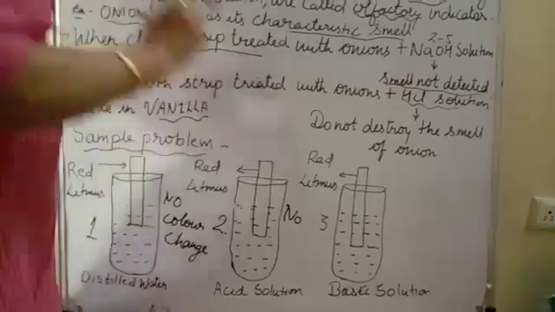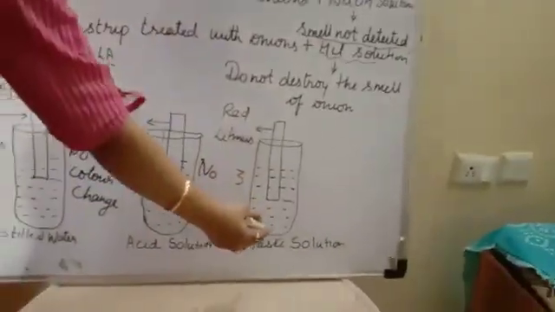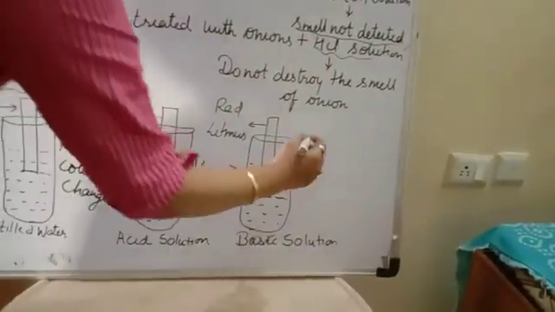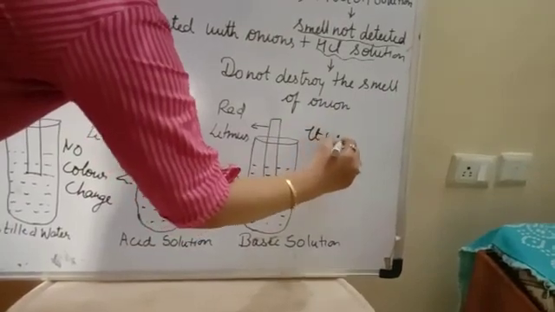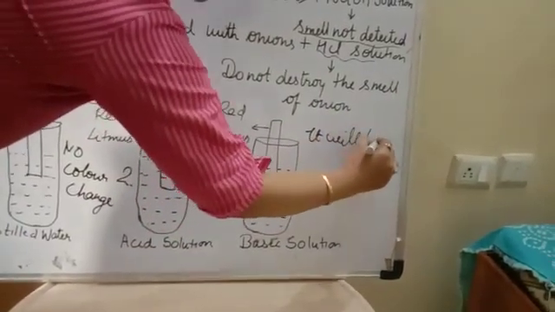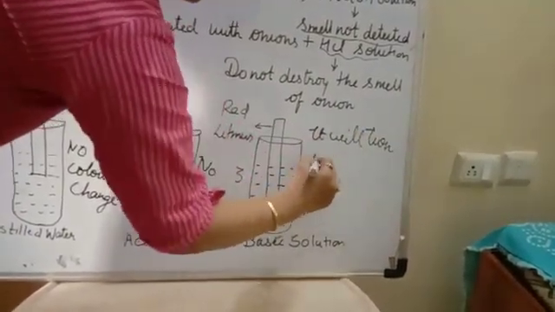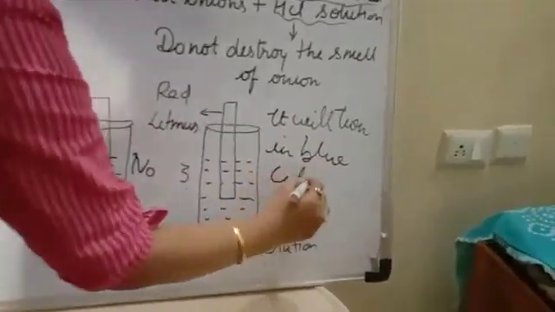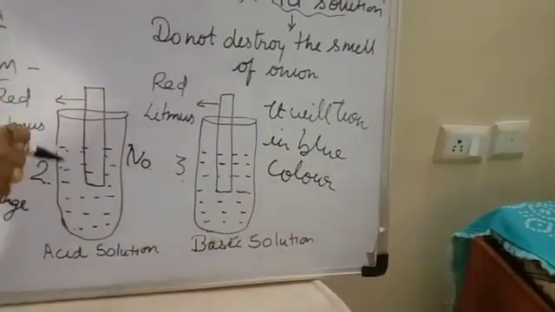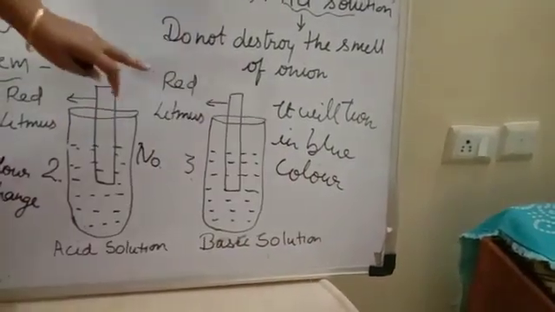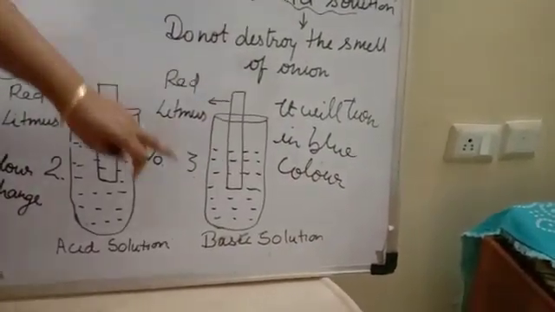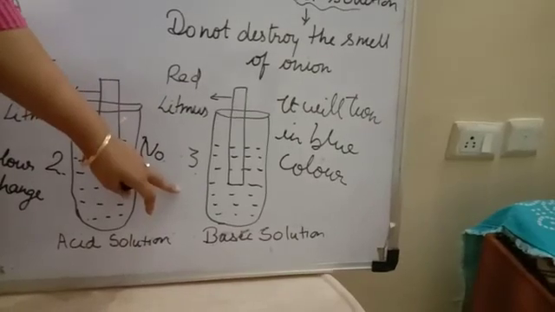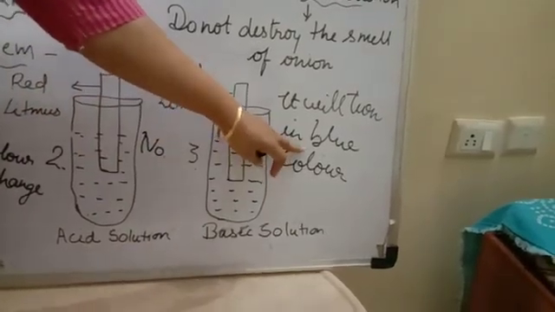But when you dip the red litmus paper into the basic solution, it will turn blue in color. So there will be a change of color.